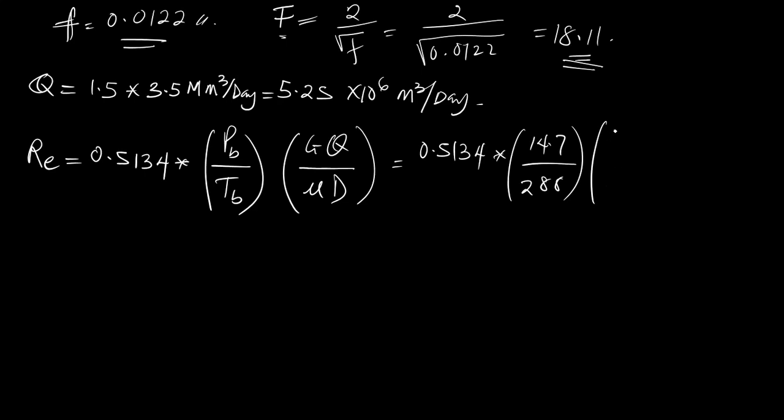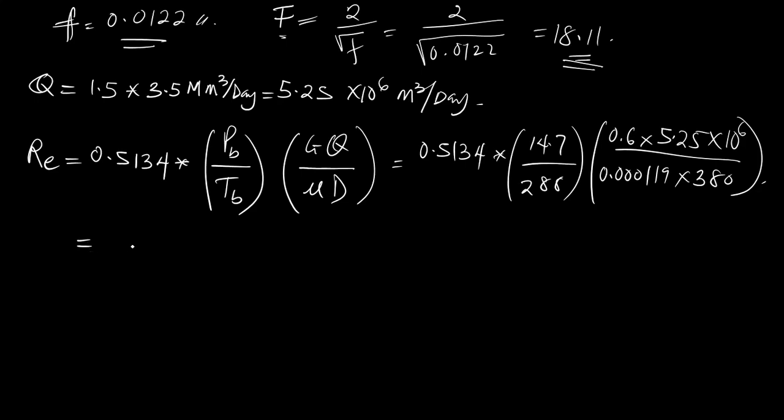Then the gas gravity is 0.6 times the flow rate is 5.25 times 10 raised to power 6 divided by the viscosity of the gas, which is 0.000119 times the internal diameter of the pipe, which is 380. So now let's make use of our calculator.